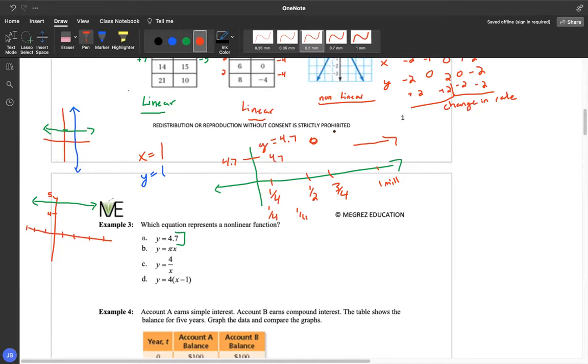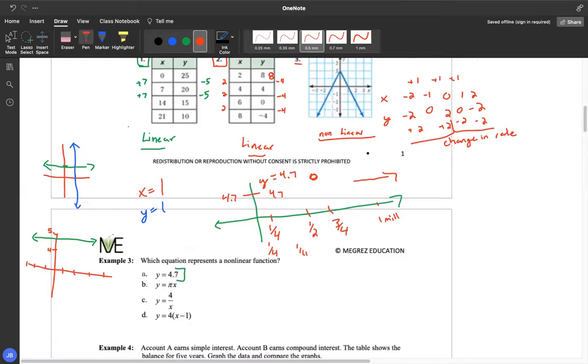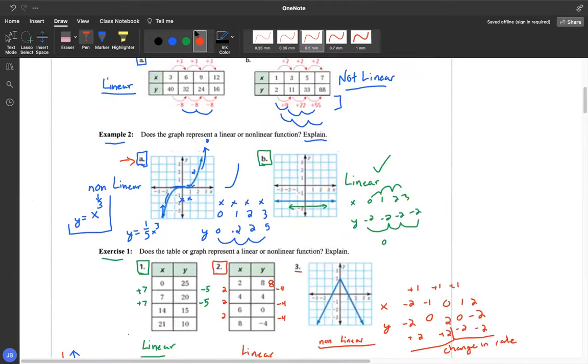But that's a constant rate. Does that make sense, Julia? Okay. It's like this one we did right here. Does this one right here make sense why it's linear? Well, because I can see the line there. Right.